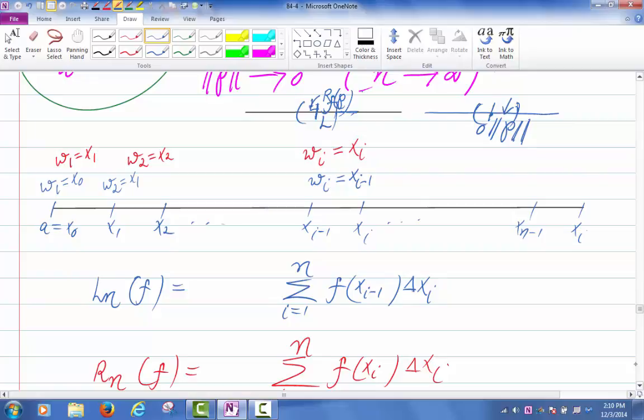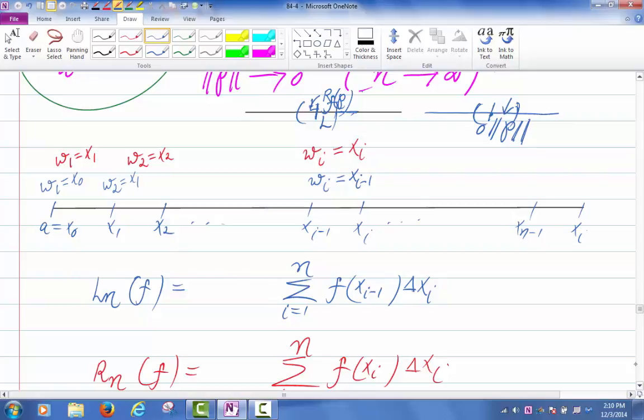Well, I have the interval from a to b, right? What's the length of that interval? b minus a. And you need to distribute b minus a into n subintervals equally, right? So the length of each one would be b minus a divided by n, right?